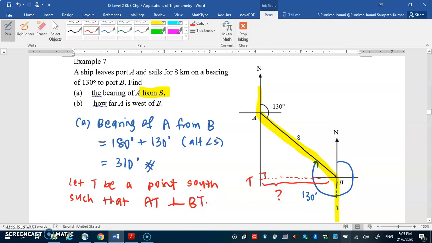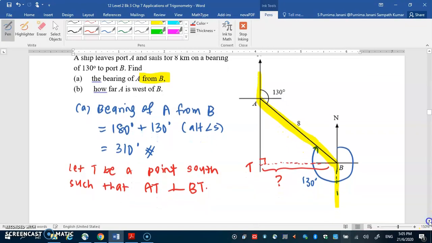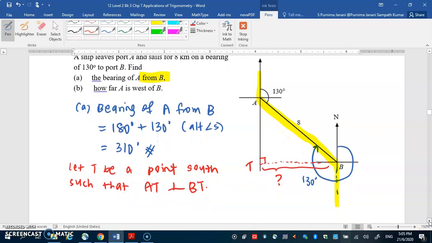Then it's very clear that this is a right-angled triangle, and we want to find BT. But we only have this angle here, which is 50 degrees. So angle TAB equals 180 minus 130, which is 50. Reason: adjacent angles on a straight line.